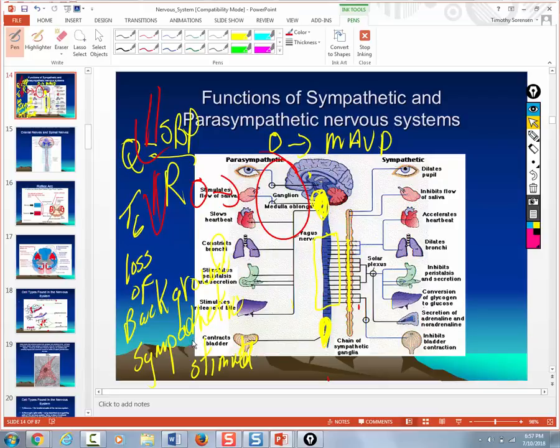Guys, what's the treatment for neurogenic shock? You give them drugs that mimic the sympathetic nervous system. So drugs like Levophed. Levophed is norepinephrine.